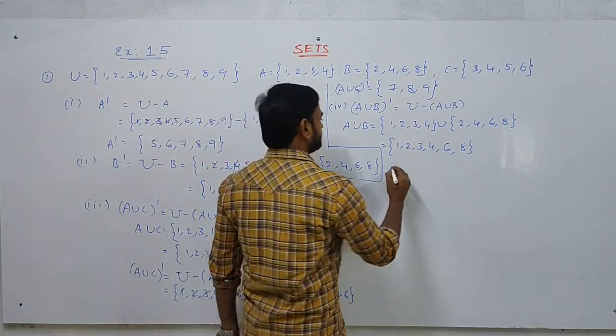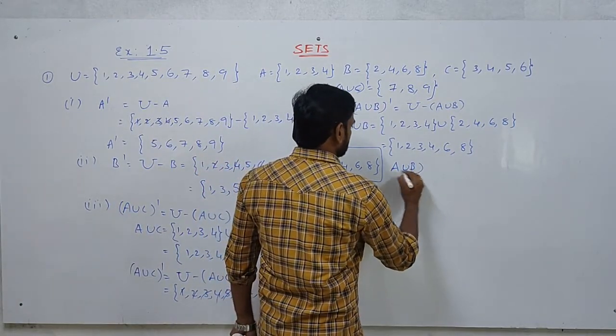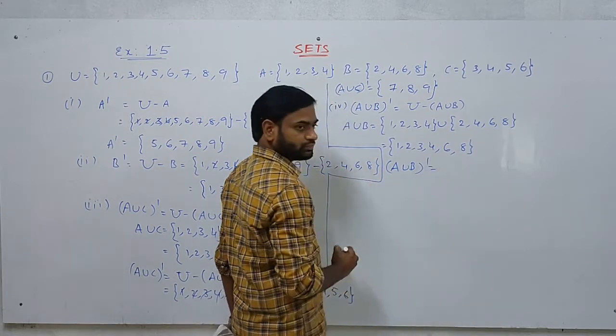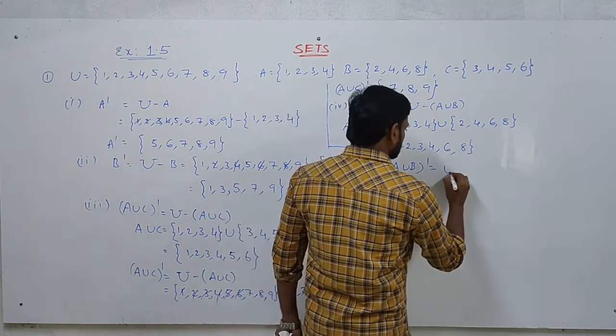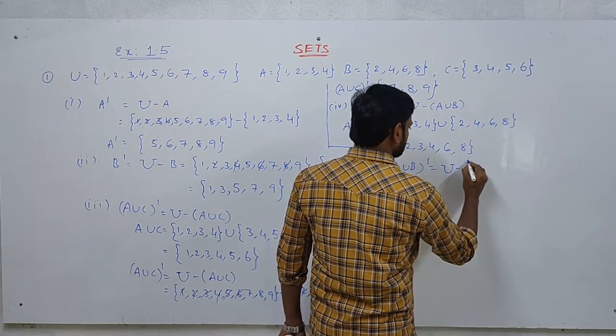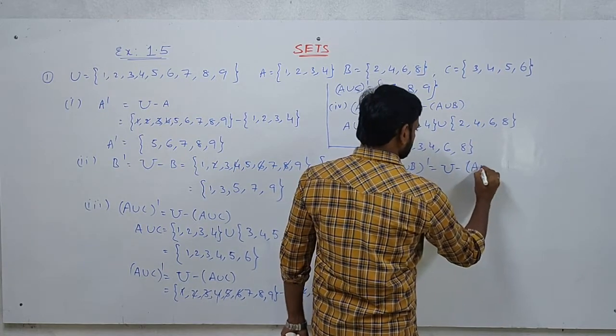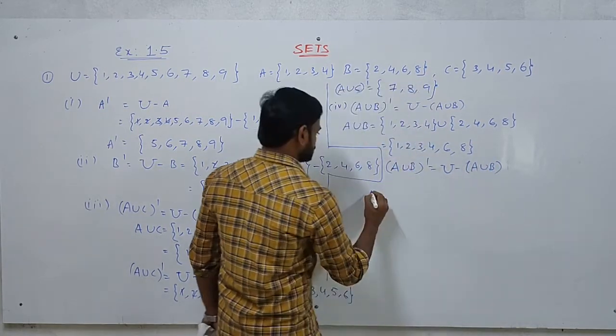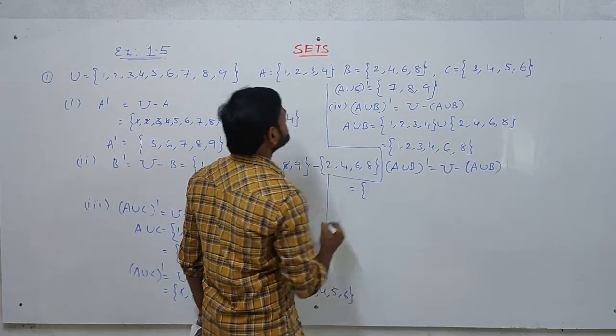Next I want to find A union B whole dash. That is U minus A union B. So what is U?